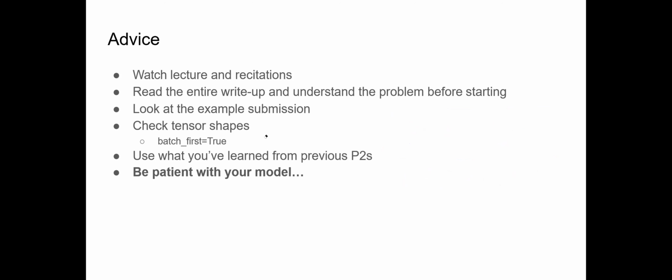Check the tensor shapes again, whatever I was talking about. Use whatever you have learned from the previous homeworks. And in this homework, you are going to have to be patient with your model, because it might happen that after 20 epochs your Levenshtein distance has not moved by a large margin.